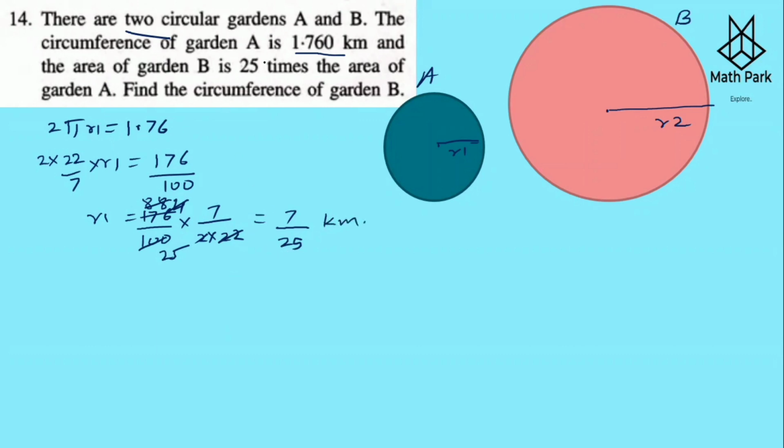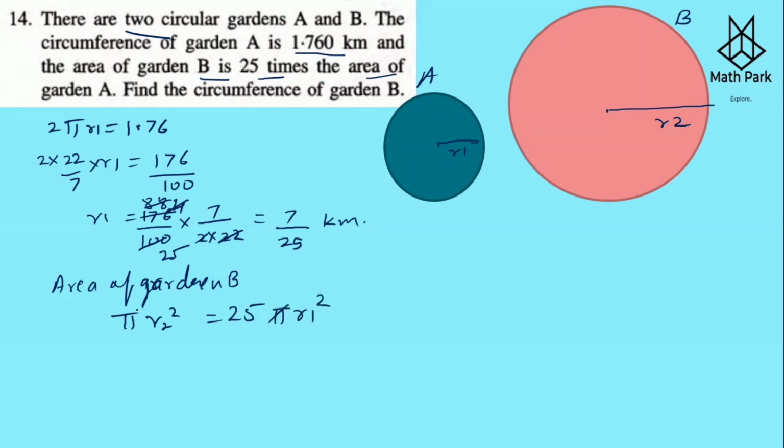Then they say that the area of garden B is 25 times the area of garden A. So area of garden B, which is pi R2 square, is equal to 25 times the area of garden A, which is pi R1 square.